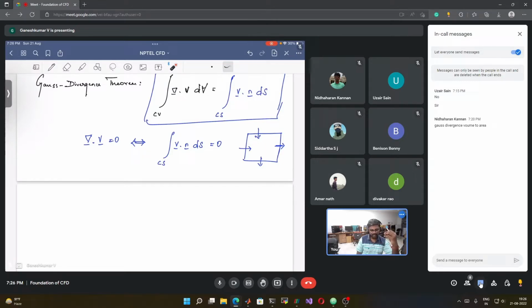But if you use a finite difference method, the definition is that you are dividing the domain into small points, right? So from where will you make the fluid enter, or from where will you make the fluid leave? So from a fluid flow perspective, finite difference doesn't make much physical sense. That's why people went to finite volume.